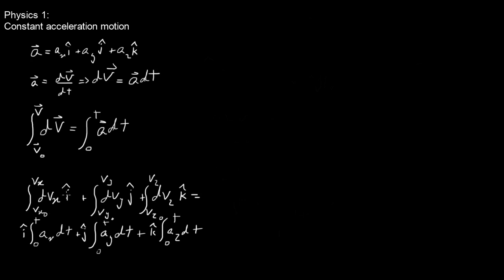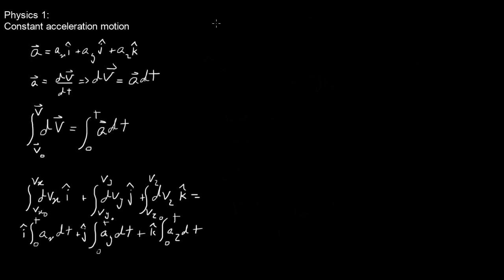So meaning that components of i hat are equal, then components of j hat are equal, and the same for k hat. So I will solve one of the components, and since the rest are very similar, we can know the answer for the rest.